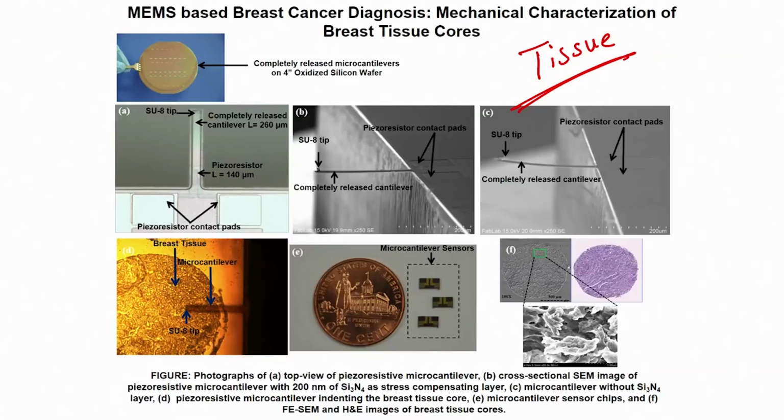And if we can measure the stiffness of tissue, then we can use this for diagnosing breast cancer, right. So, we will see how it can be used for understanding the mechanical properties of the tissue.